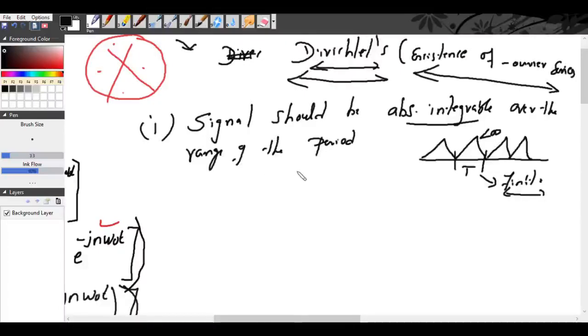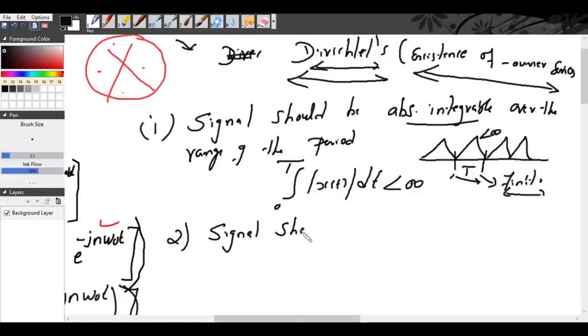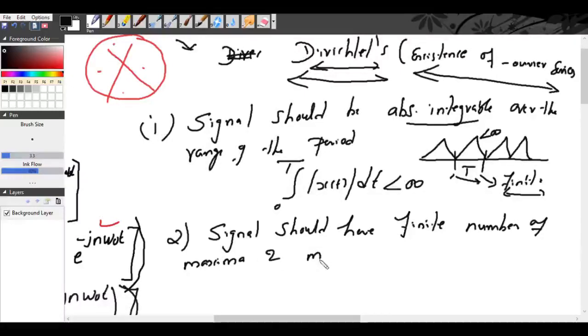So if we want, we can write it as an equation: the first condition, integrating over the period 0 to T, this should be less than infinity. Second condition, the signal should have a finite number of maxima and minima over the range of the period.